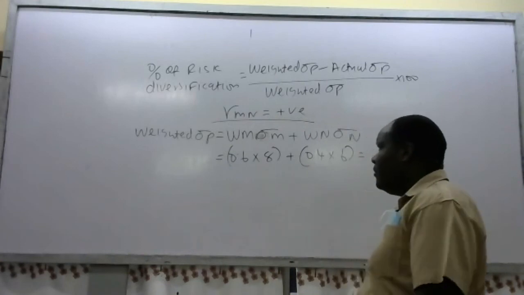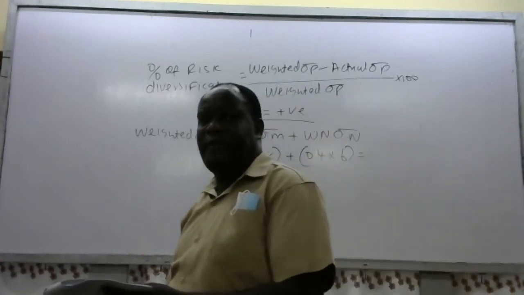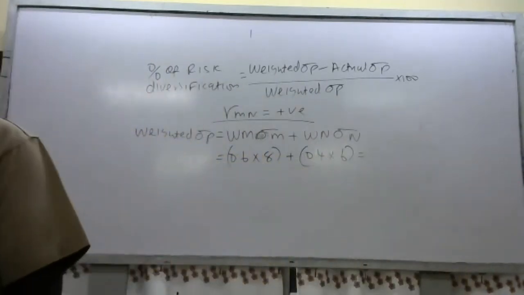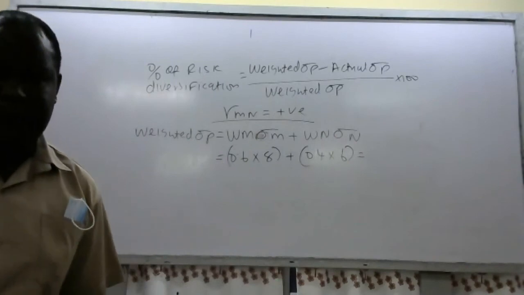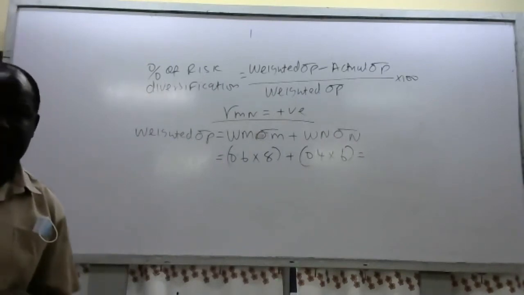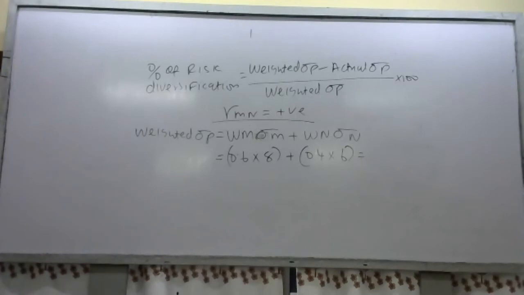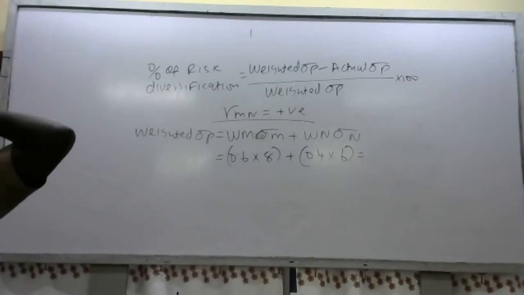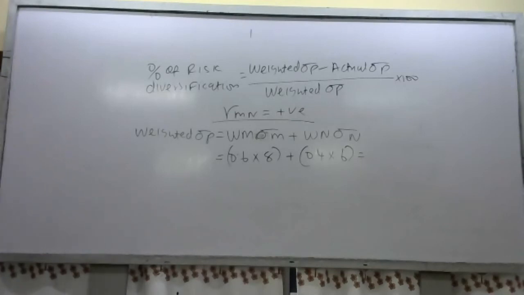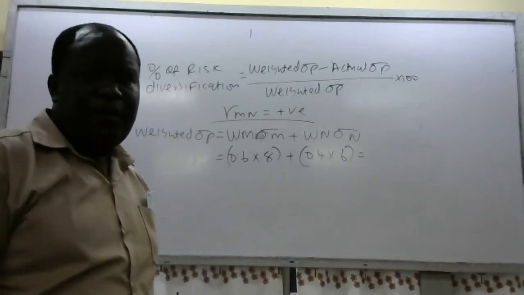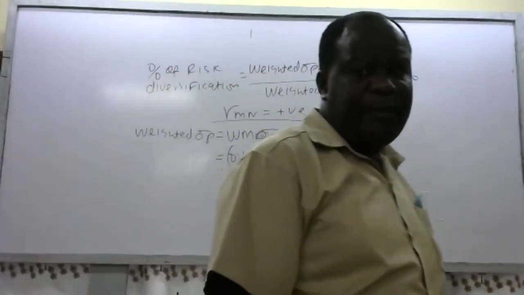So when we compute, that will give us the weighted standard deviation of the portfolio. So you get a figure of 7.2.